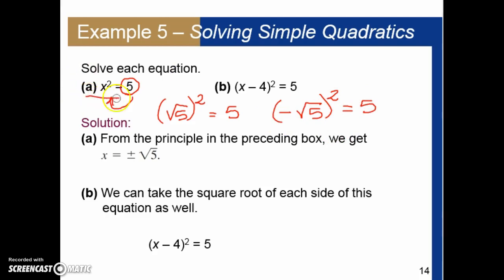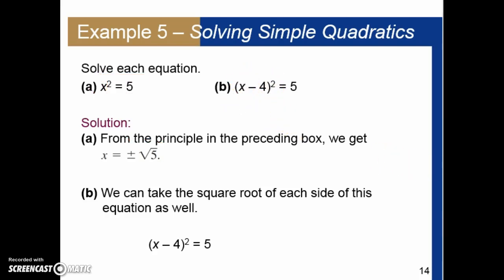So when we're solving these quadratic equations and we're looking for all the possible values of x that make this a true statement, we have to remember the plus or minus. And that's true regardless of whether there's a translation or anything like that going on as well.